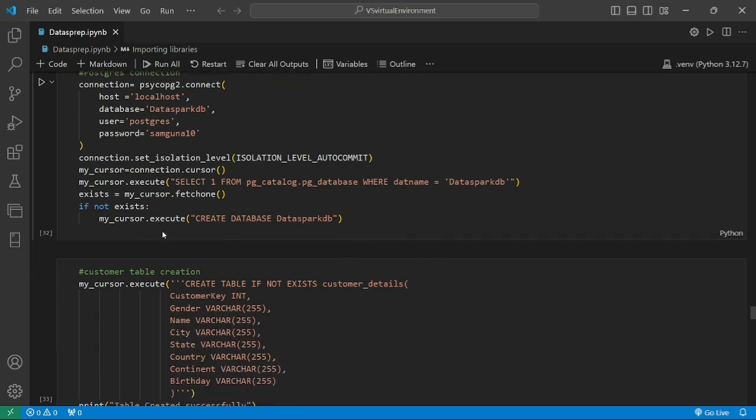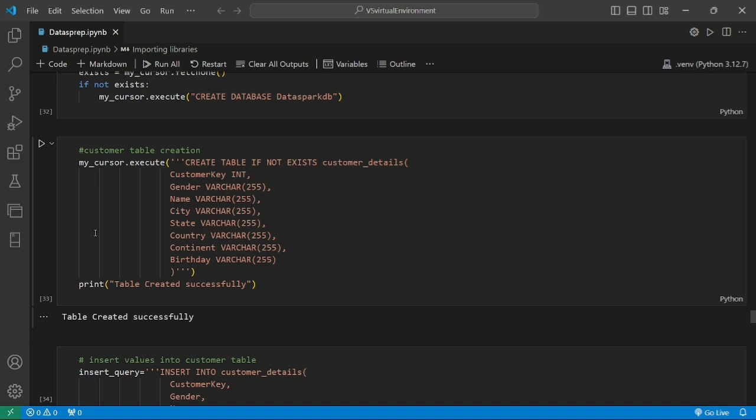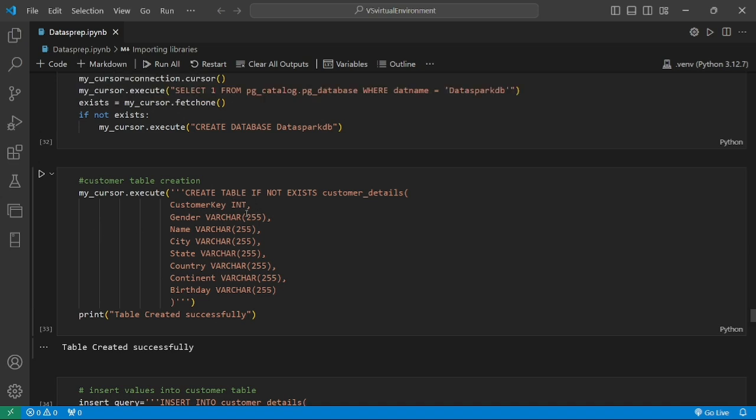Now we are going to create a table. There are some standards for this. For example, customer key needs to be int, gender needs to be varchar, which you can say is text, name varchar, city.